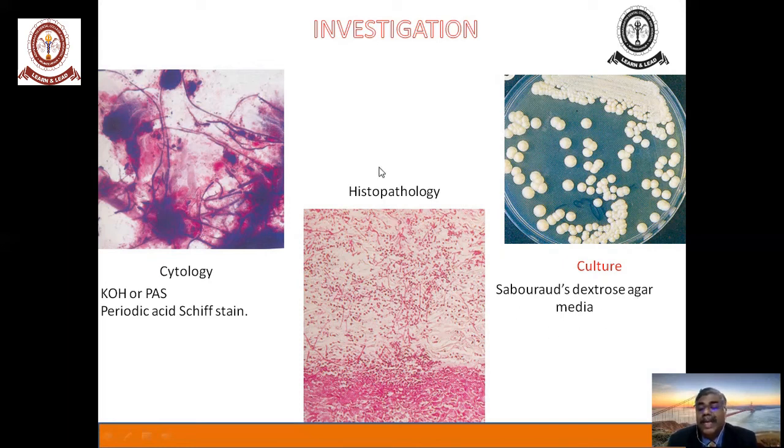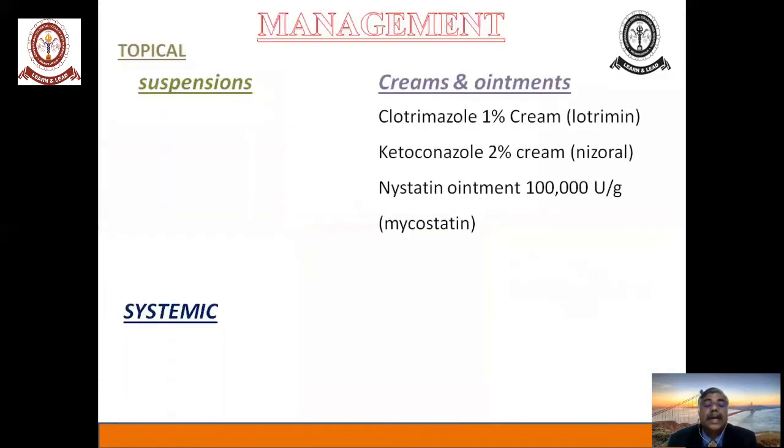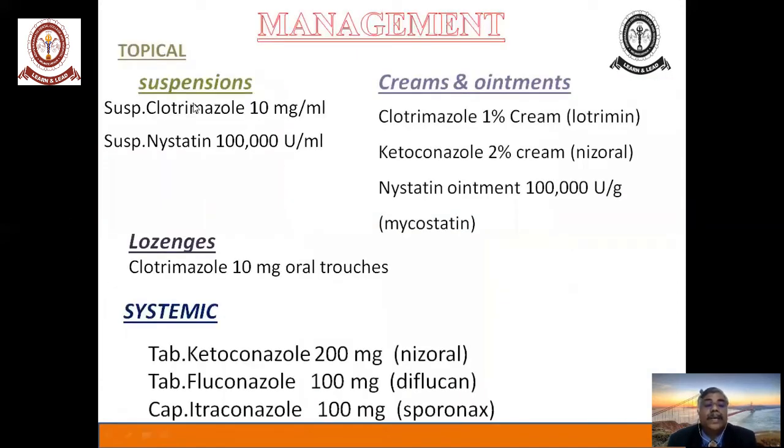And we can also take a biopsy in the case of hyperplastic candidiasis, where you can see the filamentous hyphal form invading deep into the layers of the epithelium. That is the evidence to prove that there is candidal invasion deep into the layers of the epithelium, suggestive of hyperplastic candidiasis.